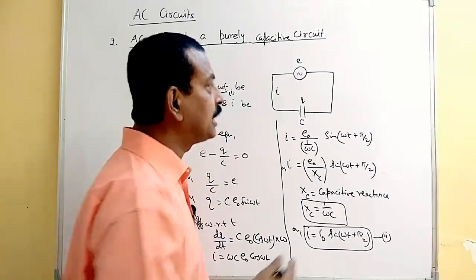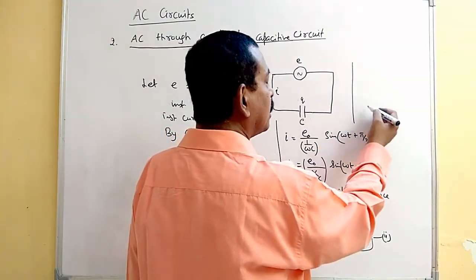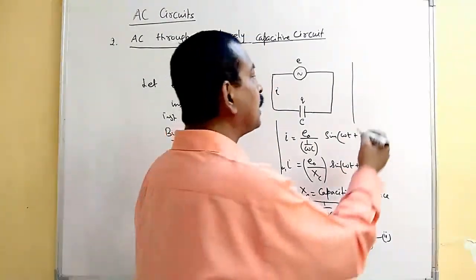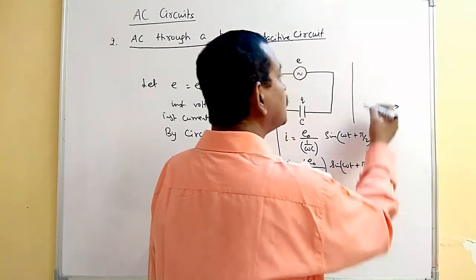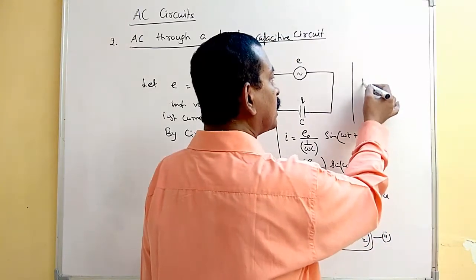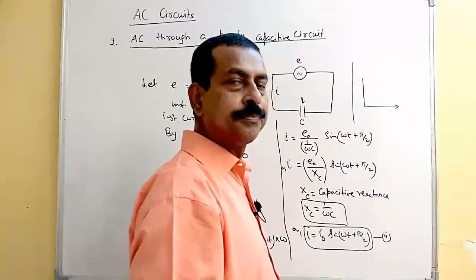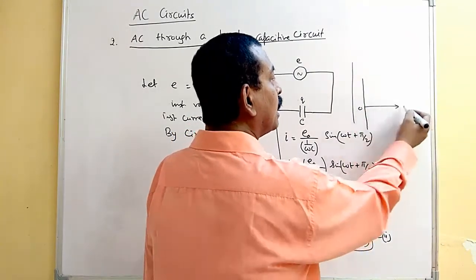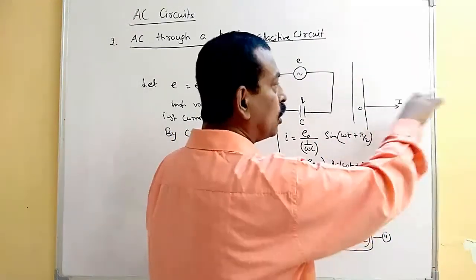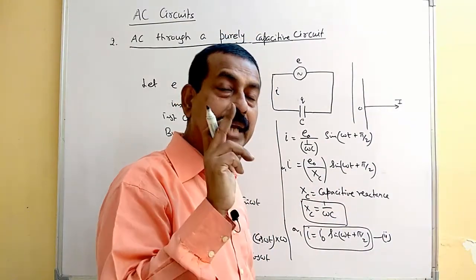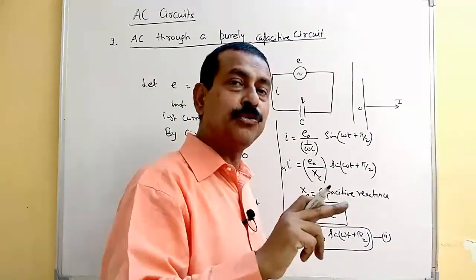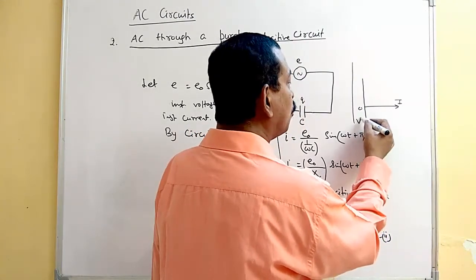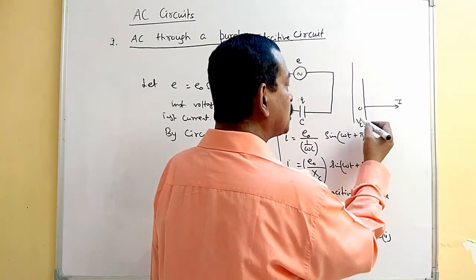If we have to represent this in a phasor diagram, suppose we take the current and voltage. In a capacitive circuit, if I represent the current along the x-axis, the voltage has to be 90 degrees behind it.